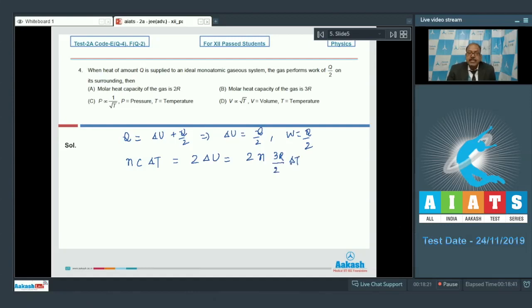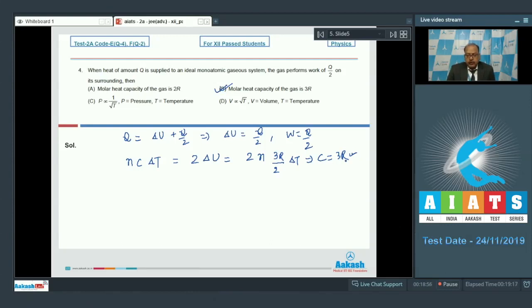In fact, 2 times delta U will be 2N 3R by 2 delta T, which means the molar specific heat C for the process is equal to 3R. So option B is correct, and option A is incorrect, where C has come out to 3R, considering that it's a polytropic process.